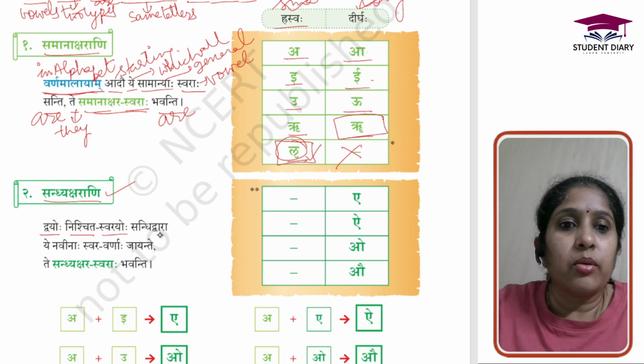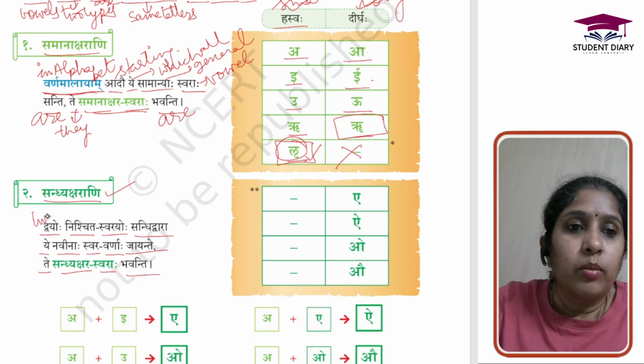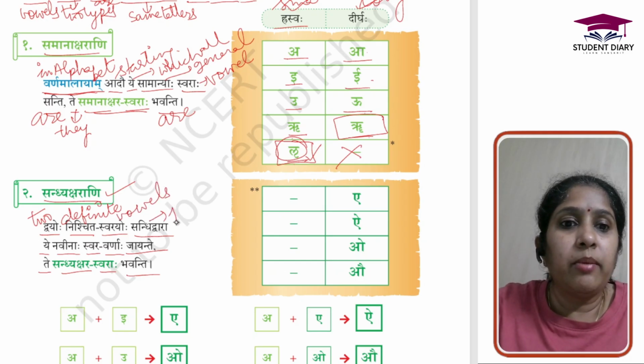Dvayoho Nishchit Swarayoho Sandhi Dwara Ye Navinaha Swar Varnaha Jayante Te Sandhya Akshar Swaraha Bhavanti. Dvayoho means two. Nishchit means definite. Swar means vowels. Sandhi is like joining basically.